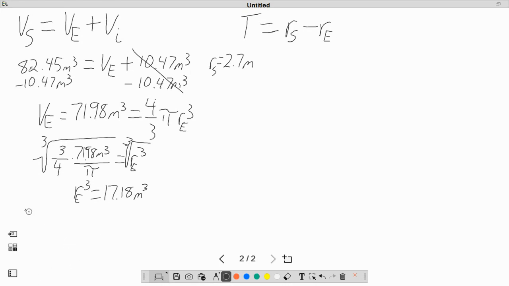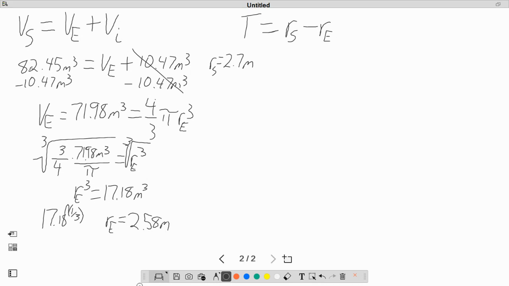So as a side note, in your calculator, if you take the 17.18 and raise it to the 1/3 power, that's the same as taking a cubic root. When you do that, you get r sub E as 2.58 meters.